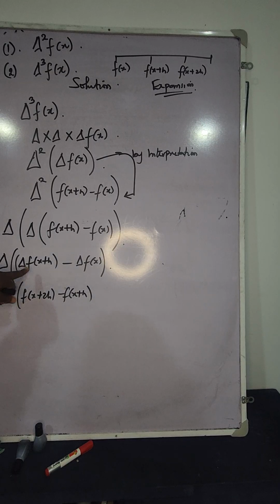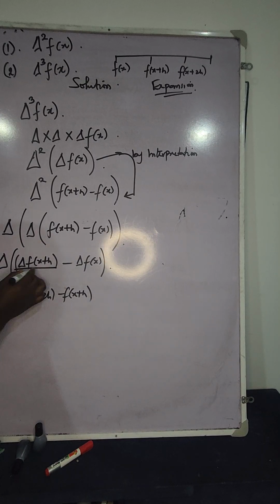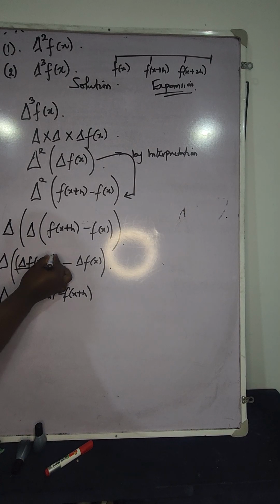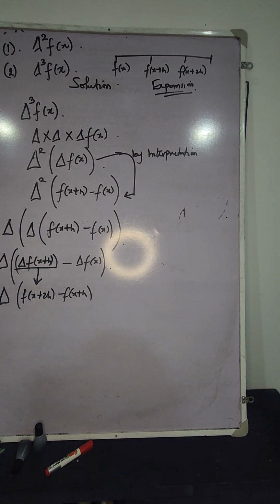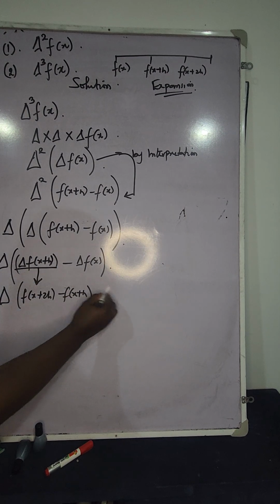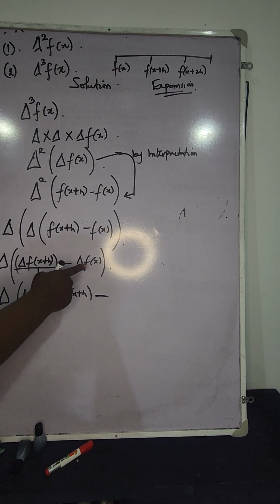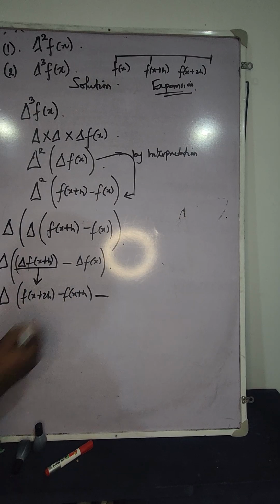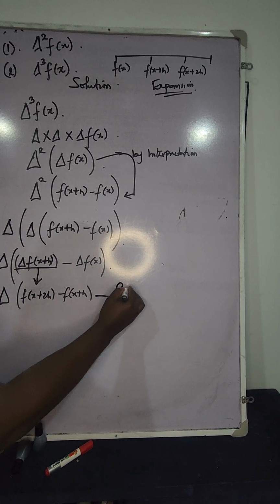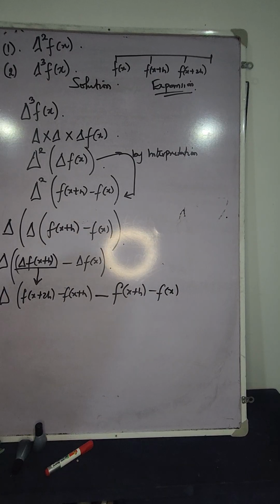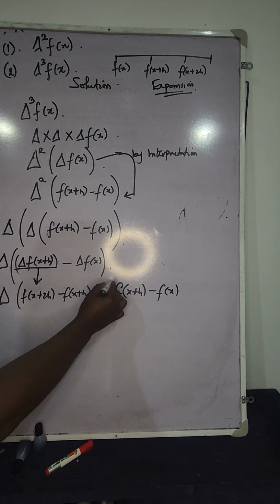Now I've interpreted this. Forward difference of f of x plus h is f of x plus 2h minus f of x plus h. So now we say minus. What is the forward difference of f of x? The forward difference of f of x is f of x plus h minus f of x itself. You see that?